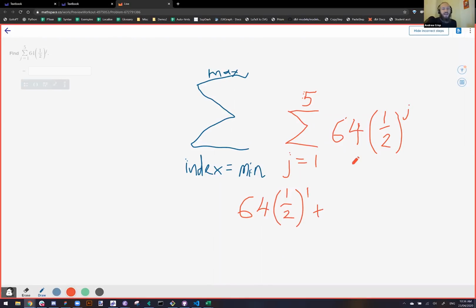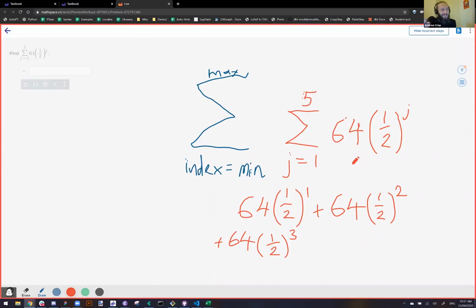We rewrite the entire expression, 64, 1/2, but remember that we increase the index by 1, so we write the 2 instead. We increase the index again, plus 64 times 1/2 cubed.